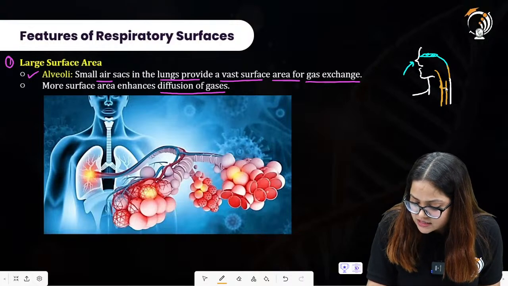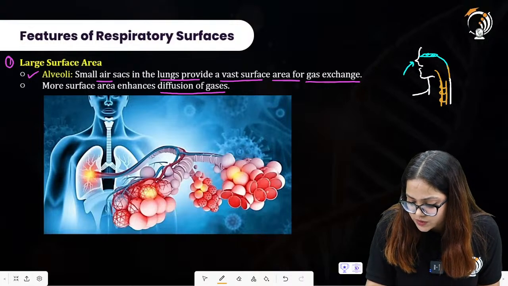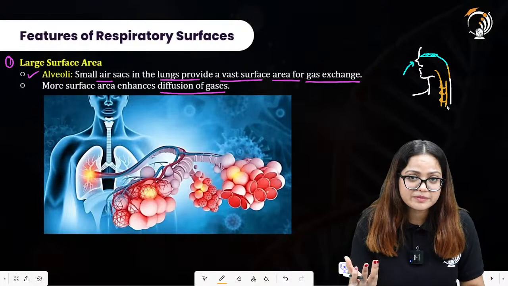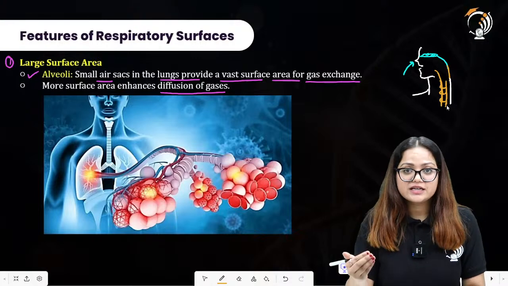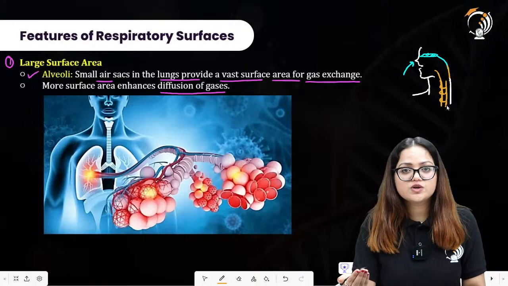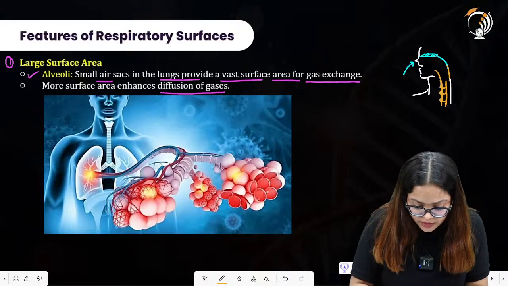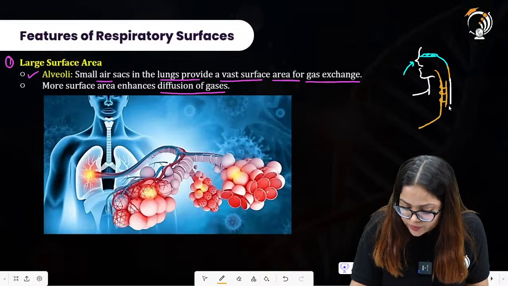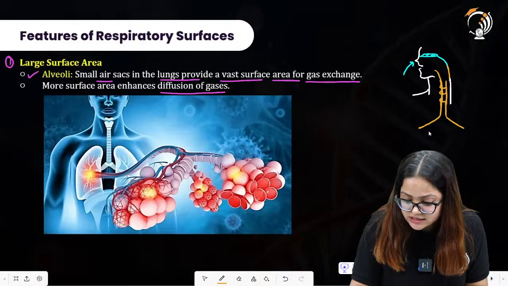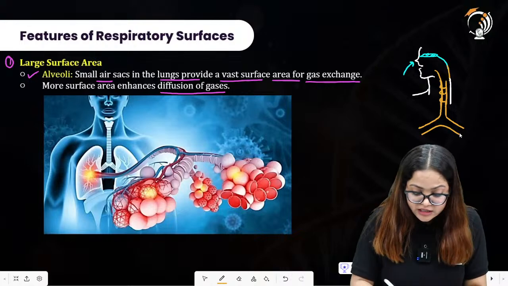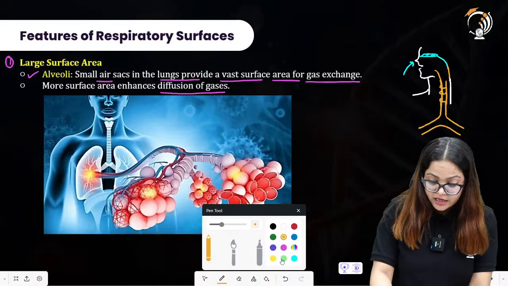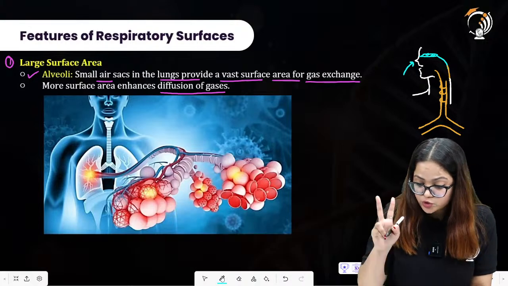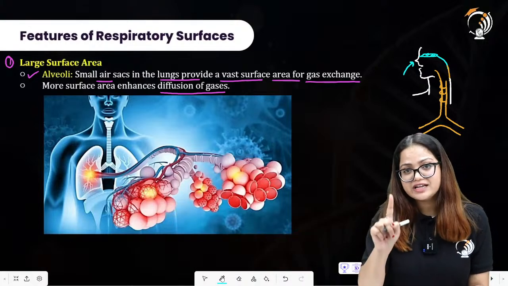The windpipe has these ring-like structures, and what function do they serve? They prevent the collapsing of the windpipe. This windpipe or trachea is going to divide into two lungs. When it is dividing into two lungs, the name changes. The name now is going to be bronchi for two pipes and bronchus for one single pipe.